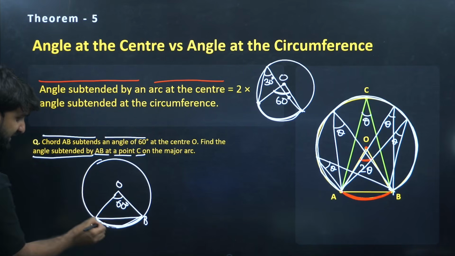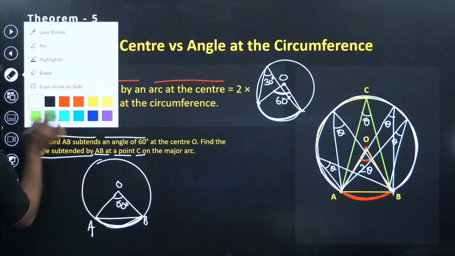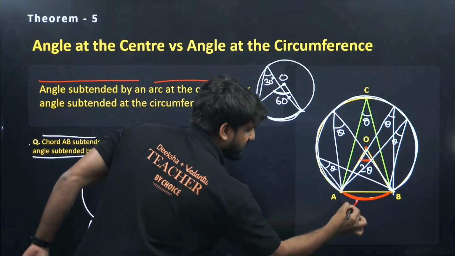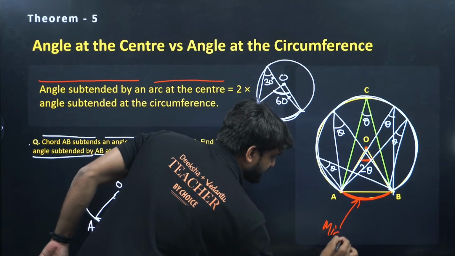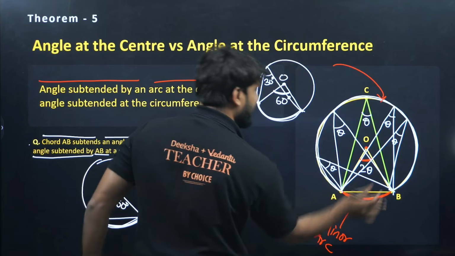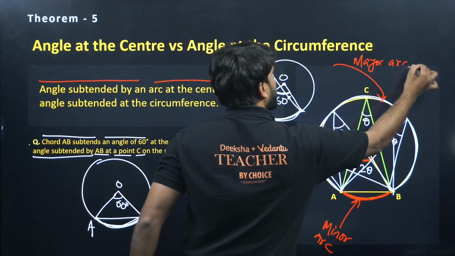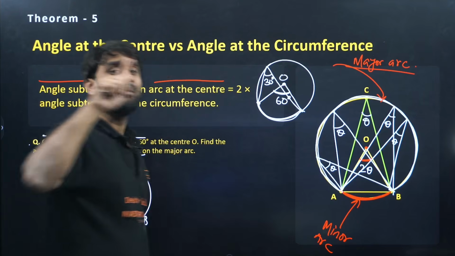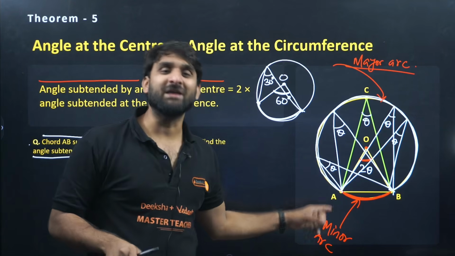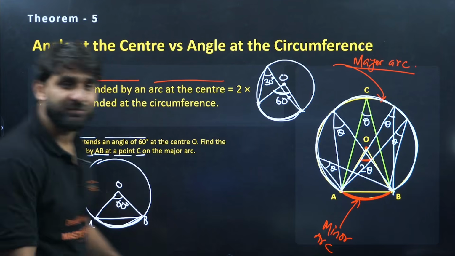The smaller arc is called the minor arc. My dear champion, this small arc is called the minor arc, and the remaining part except this red color is called the major arc. So the angle forming at the center due to the minor arc is always twice the angle which is forming in the major arc. This is the theorem.